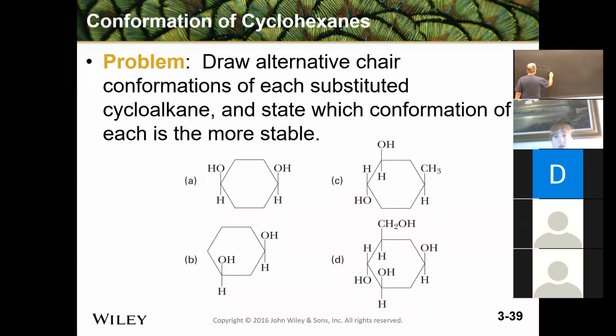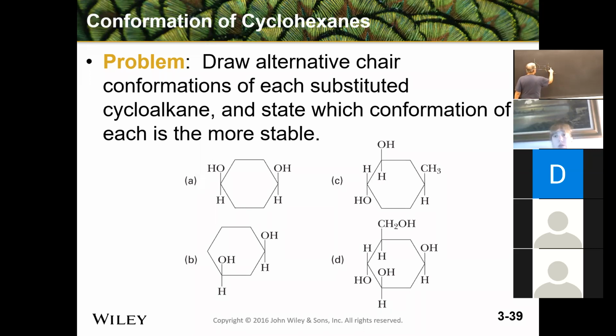For the axial, I start down here at the lower right corner, go down, up, down, up, down, up. All right, equatorial: this bond should be parallel to the second bond over. This one would be parallel to this bond.